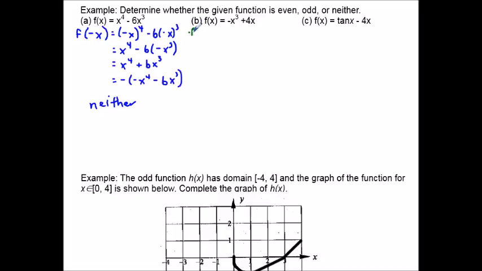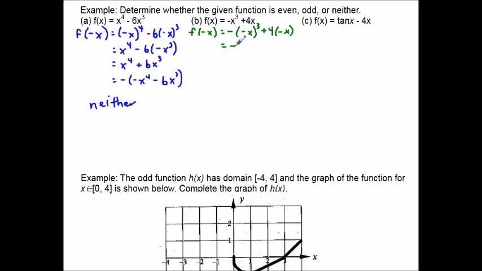Question B, we're going to start by plugging in my -x. Make sure you're using brackets when you do this to make sure that you're not missing any steps or any negatives and making silly errors that are easily prevented. Once I've plugged in my -x's, I'm going to start solving.